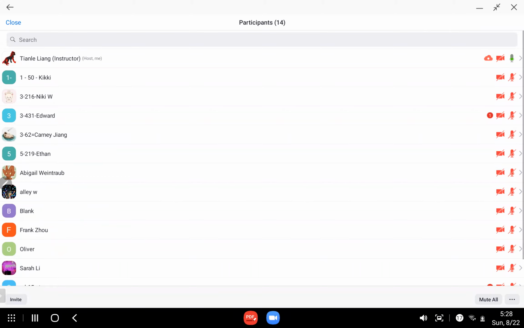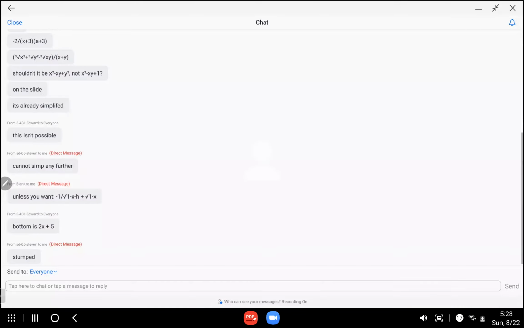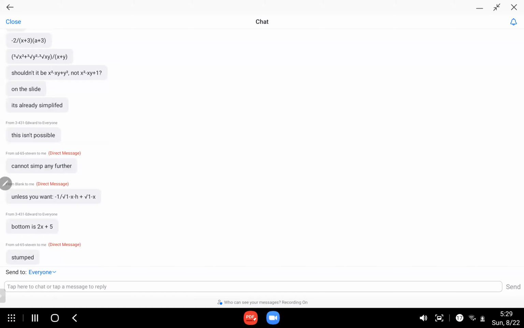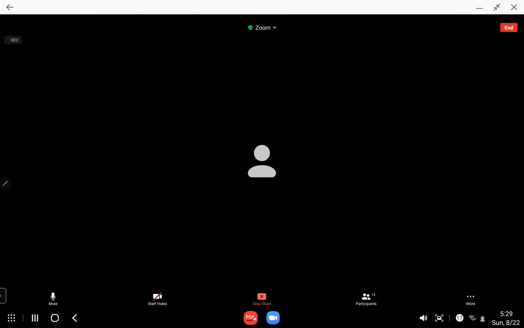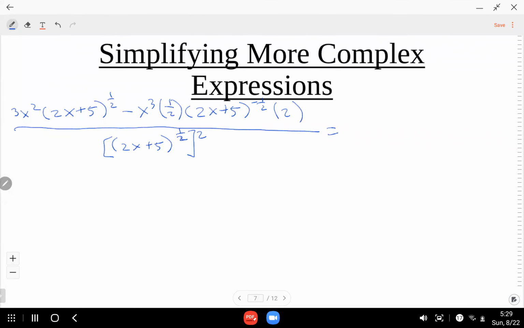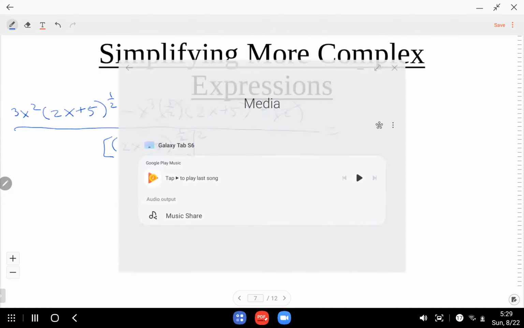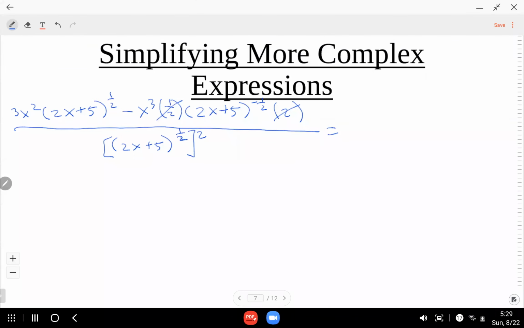Well, before we even start doing anything, how about we simplify a little bit, right? Don't be stumped just yet. How about we simplify the terms that we know how to simplify? All right, 1/2 and 2, get rid of those. And 1/2 and 2 again.